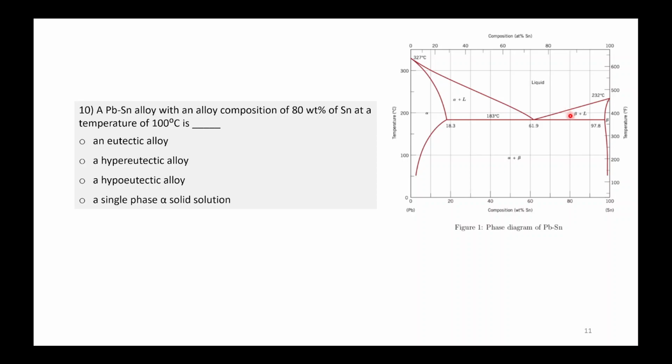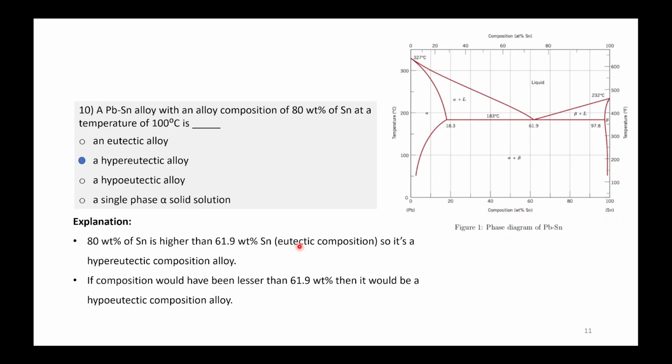So this will lie after your eutectic composition, which is 61.9 weight percent. So it will be hypereutectic. So 80 weight percent of tin is higher than 61.9 weight percent tin, which is the eutectic composition. So it's a hypereutectic composition.